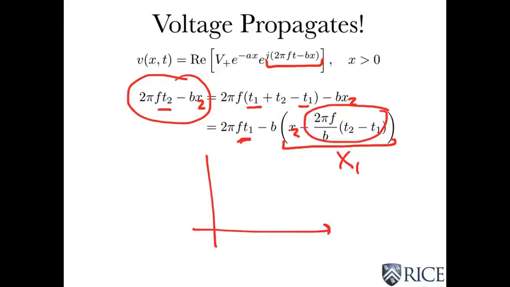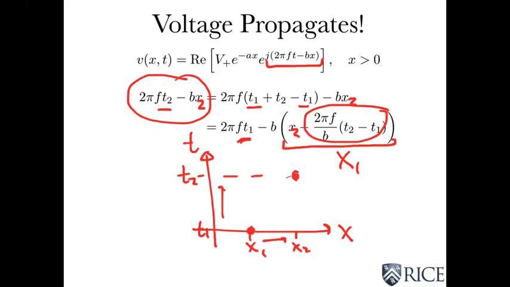So let's plot what's happening here. Let's say that's x and that's t. We're at x1 and here's t1, of course. If we go out to x2, we're at time t2. And the signal here at x1, t1 is the same as the signal at a different location and a different time.